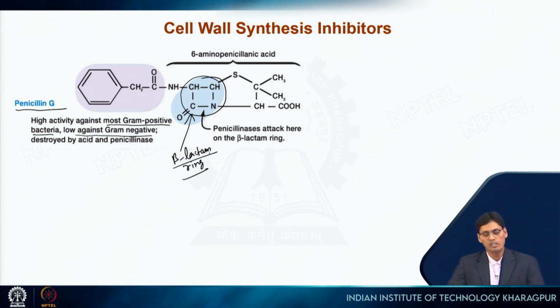Now, what happened? All of this is good, working against peptidoglycan synthesis. But some bacteria have machinery, an enzyme, that can break this beta-lactam ring. As a result, those bacteria are resistant against penicillin.